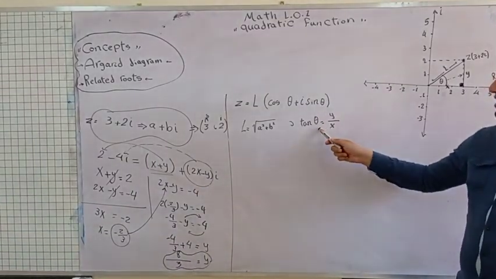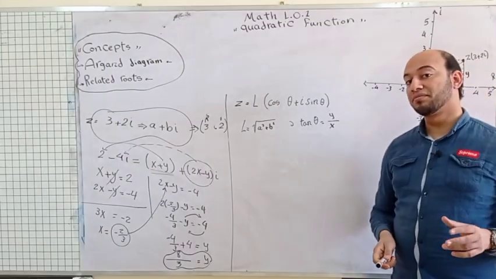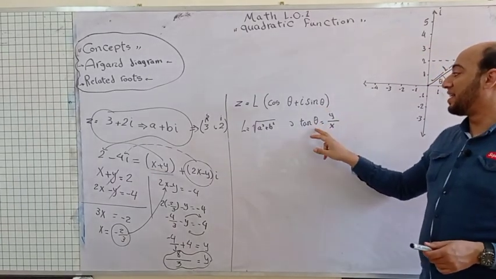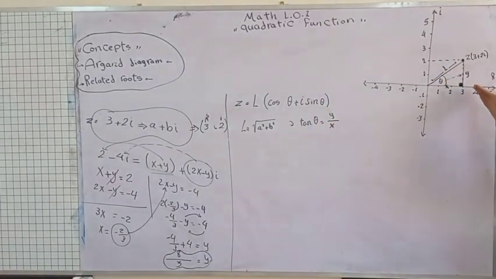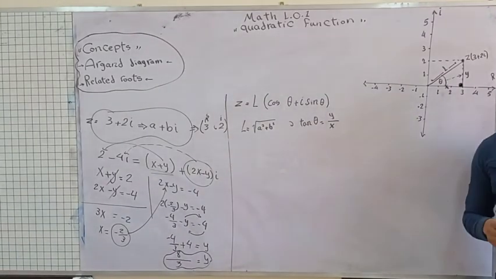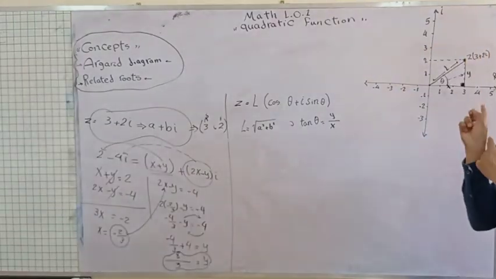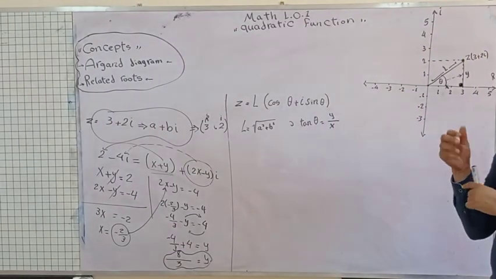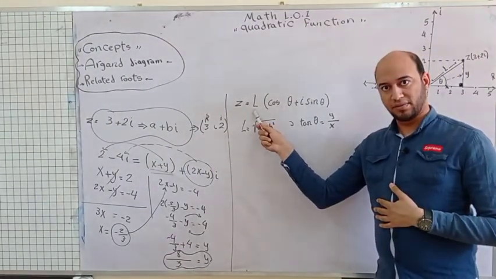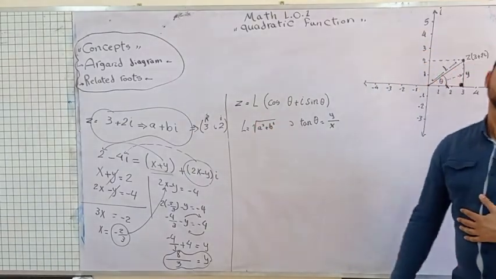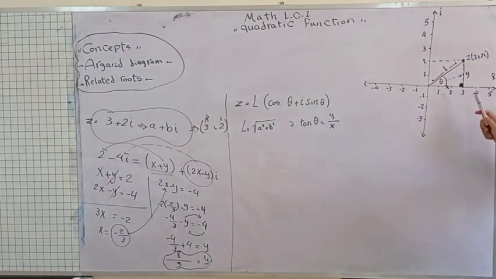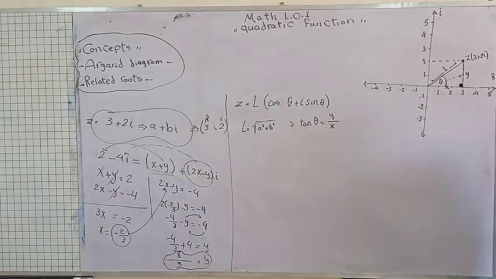Also, you can get theta by using the sine. Sine theta will be equal y over L, because sine any angle equals the opposite side over the hypotenuse. And the L here is the hypotenuse. The modulus here is the hypotenuse. Or you can use cosine also.